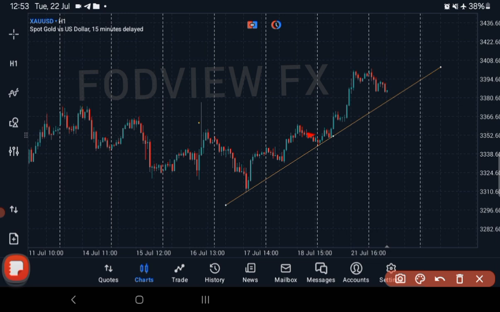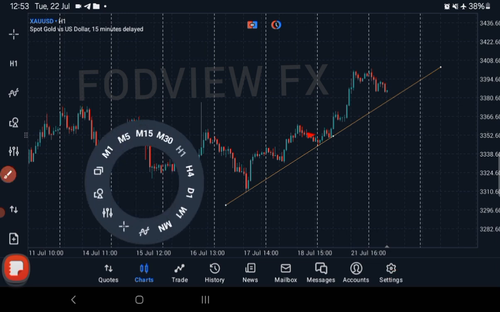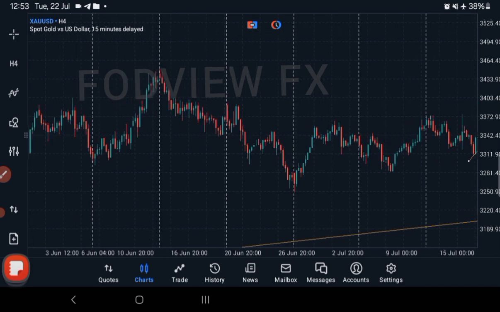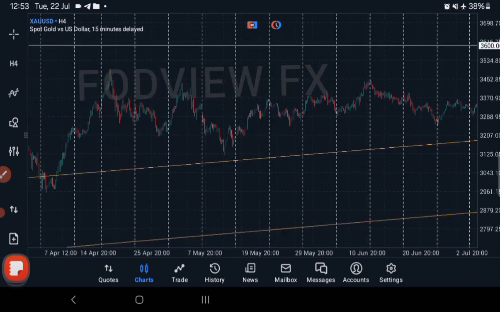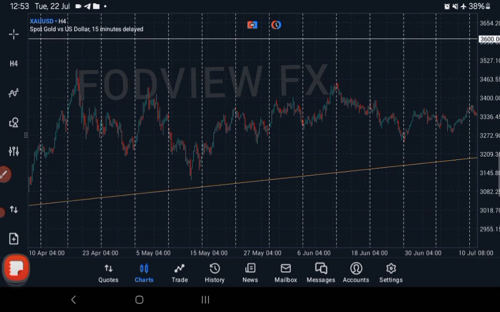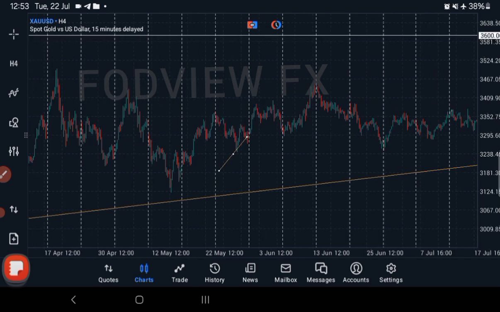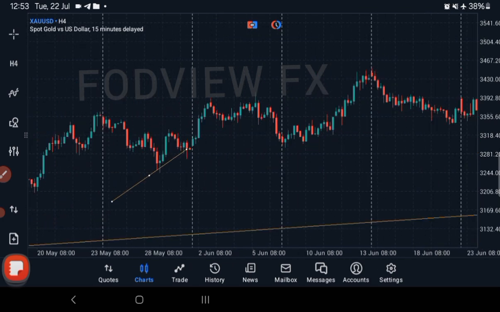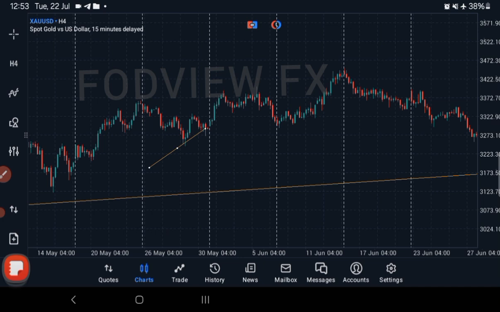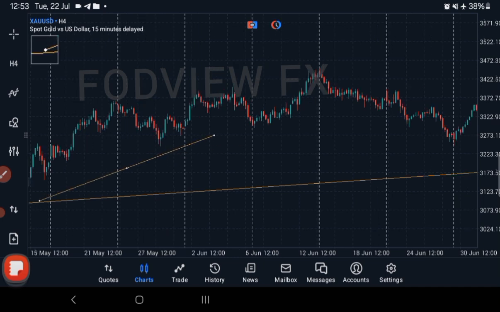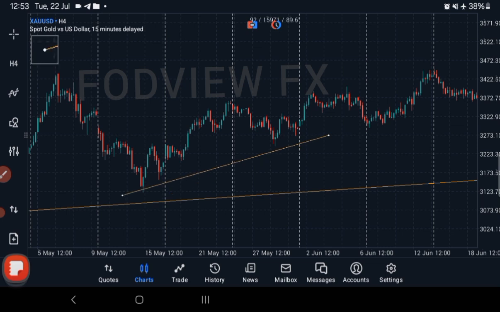Now let's go to a 4 hours time frame. Let's place another trend line. This is bullish.